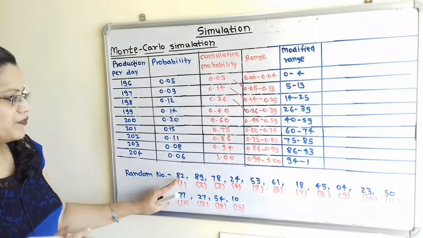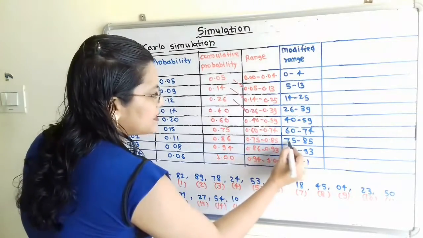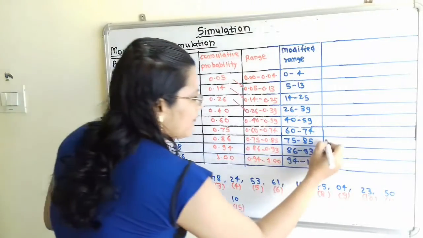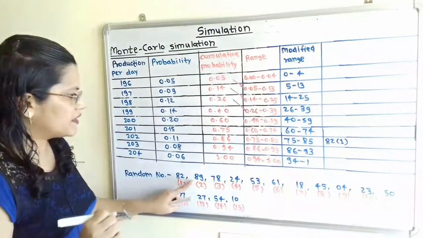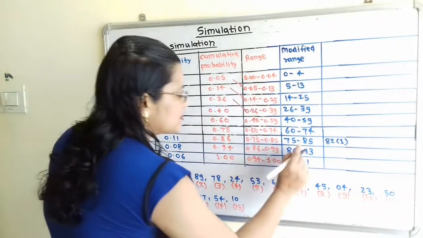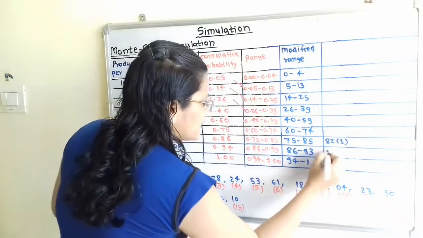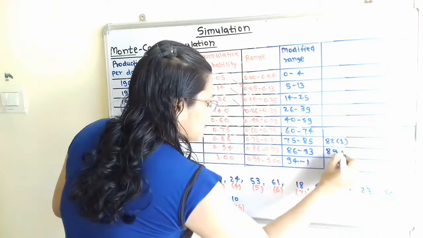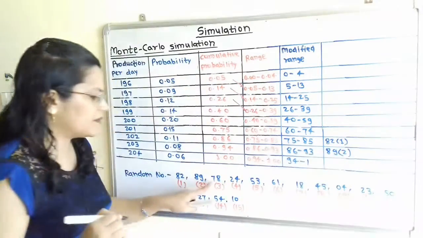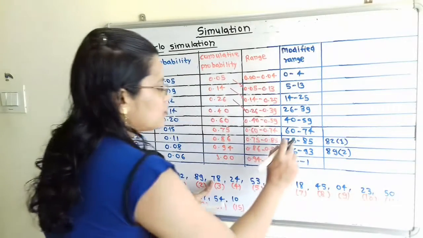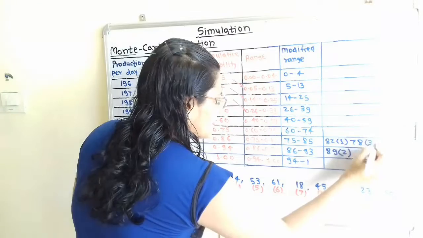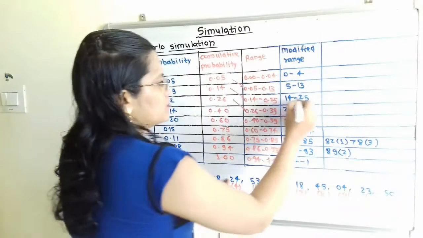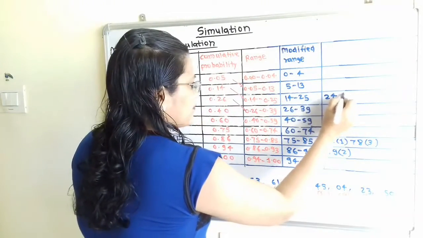So 82. 82 is in between 75 and 85. So I will write here 82, and this is the first random number. 89. 89 is in between 86 and 93. So I will write 89, and this is the second random number. Then 78. 78 is in between 75 and 85, and this is the third random number. 24. 24 is here.